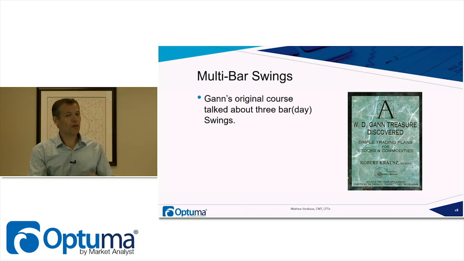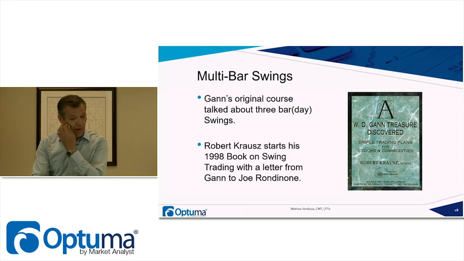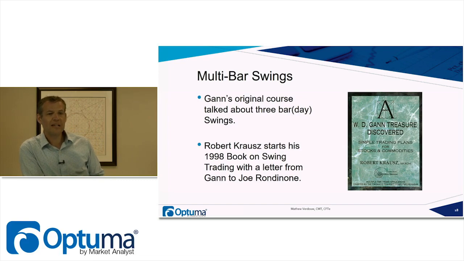In Gann's original course, he talked a lot about 3 bar swings, and if you read some of his original writings, he talks a lot about 3 bar swings, and that's what he would use. But what's very interesting is Robert Krauss. This is a book that he wrote in 1998 on swing trading. If you're really interested in swing trading, this is actually a really good book to read, with a lot of different setups and things like that.